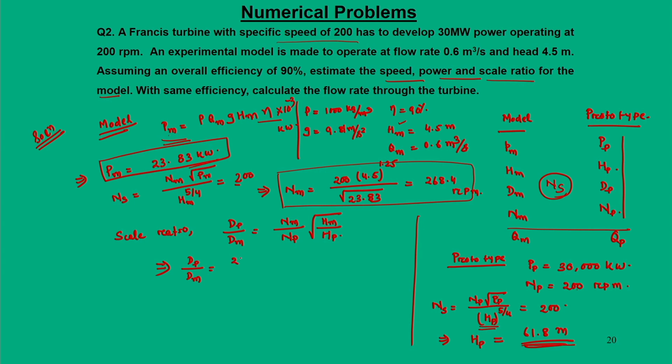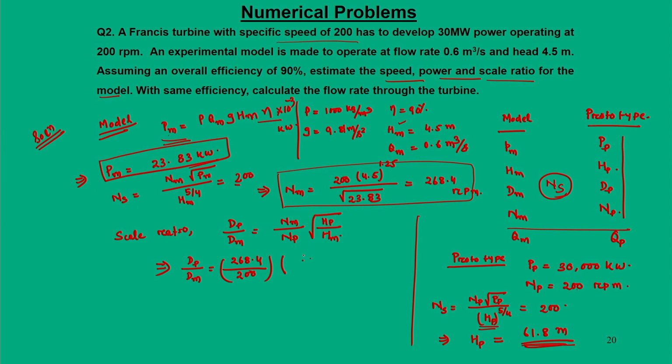Nm is 268.4 divided by Np is 200, into square root of Hp divided by Hm, sorry, this is Hp and Hm.